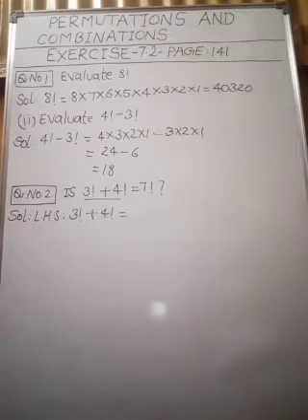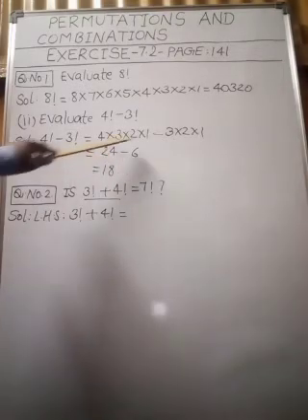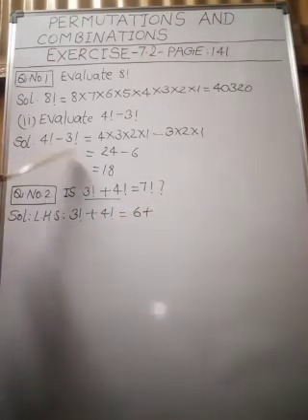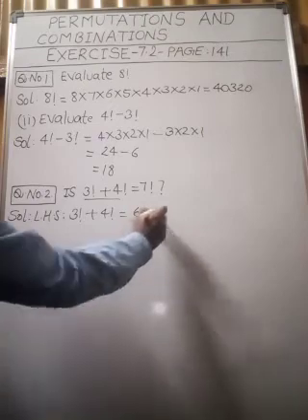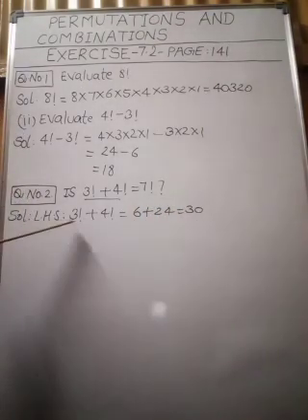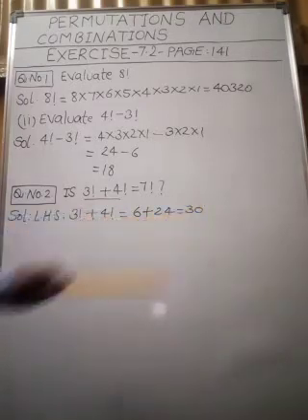What is the value of 3 factorial? 6, we have already found in the previous question. What is the value of 4 factorial? 24. Then what do you get? 30. 3 factorial plus 4 factorial is equal to 30.